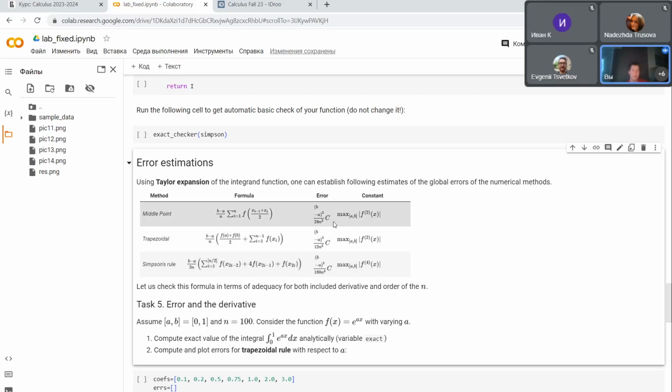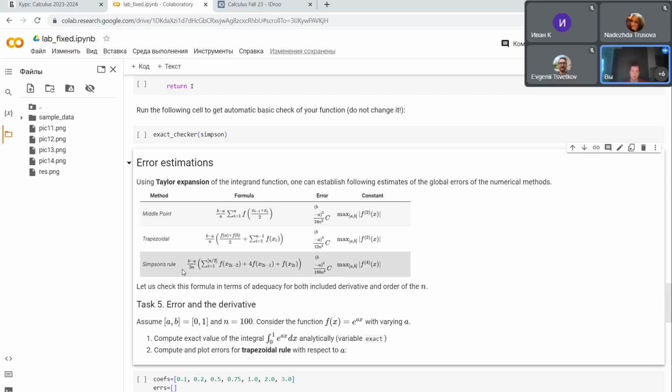They have the same bounds for your error. They differ by 2 times, so it means nothing in our situation. Both of them are proportional to the cube of the length of the segment, and to the maximum of the modulus of the second derivative.